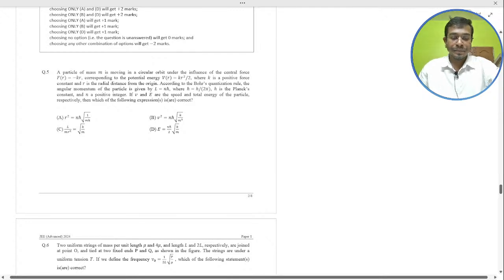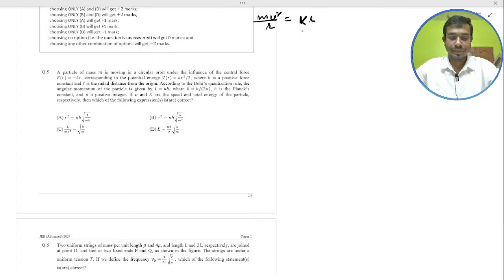First of all, mv²/r is equal to the given force kr. So v = √(k/m) r. And L = nħ is nothing but mvr.